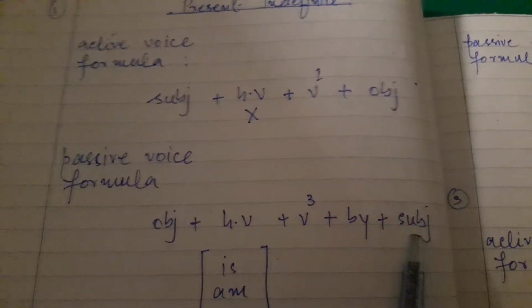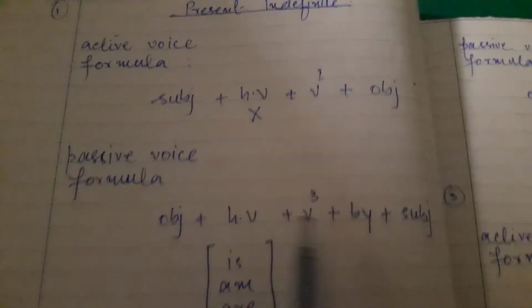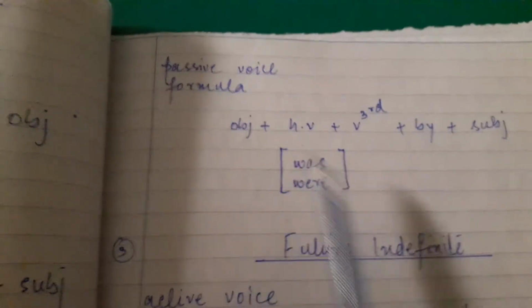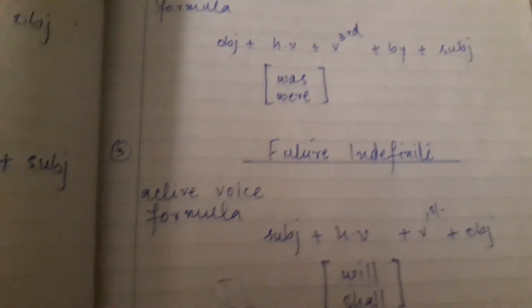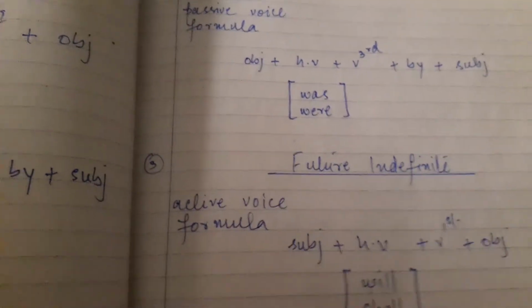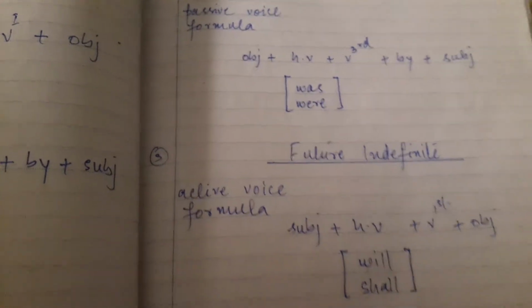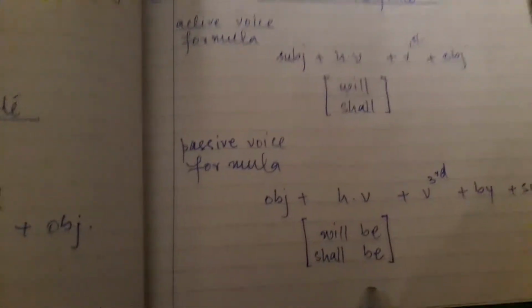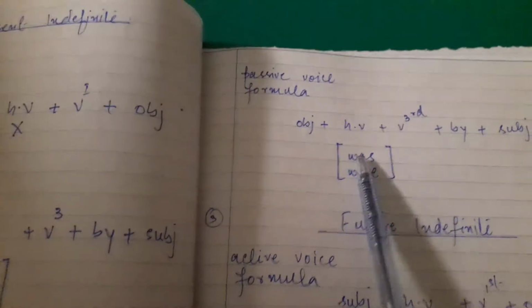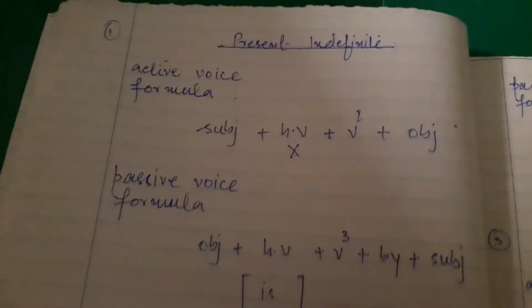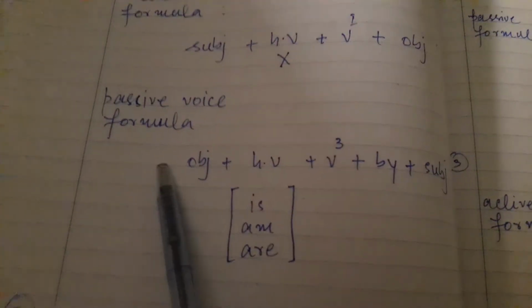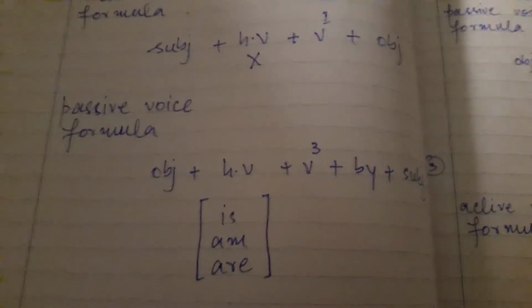Just keep it in mind that the formula is the same all the time. 5 things are here: in present, in past, and in future. Only we are using different helping verbs according to our tense. In future indefinite, will be, shall be. In past, was, were, and in present is, am, are according to our object.